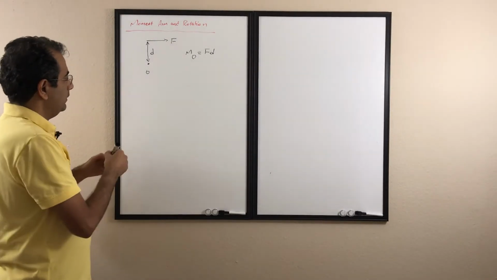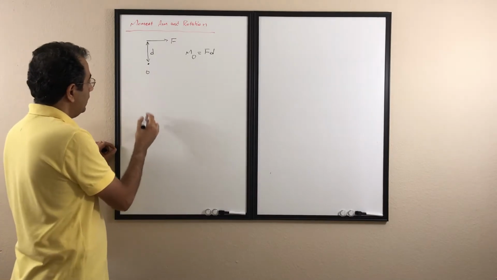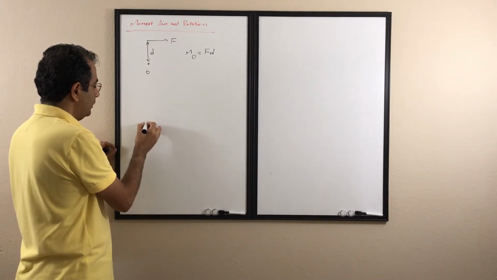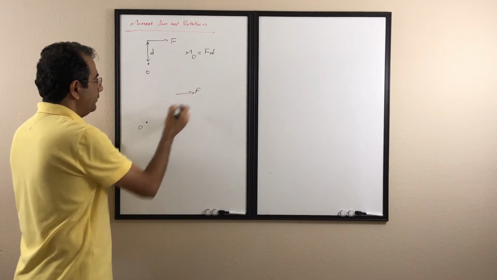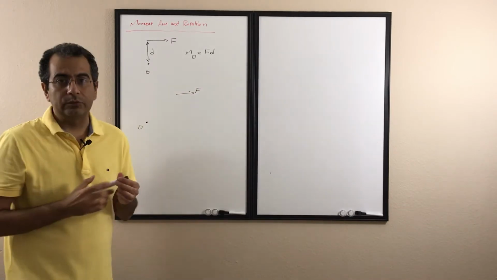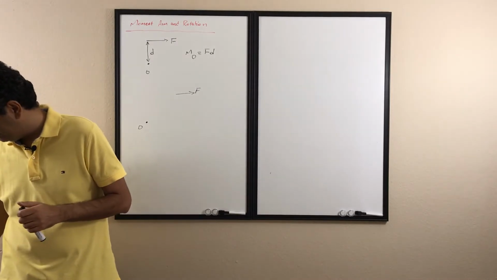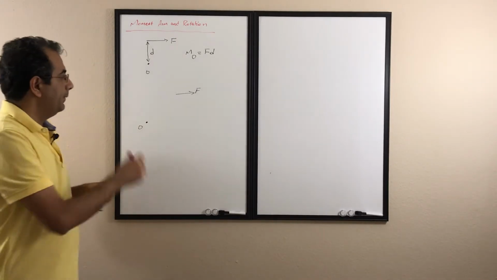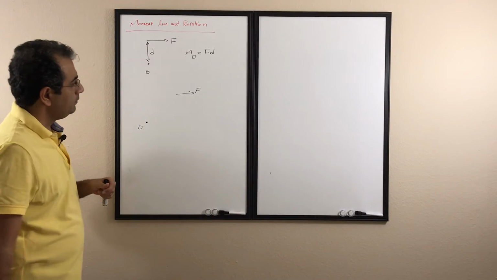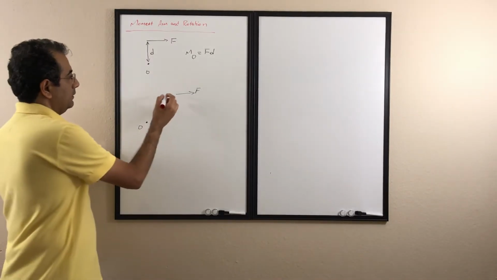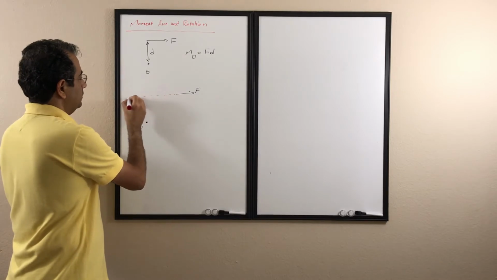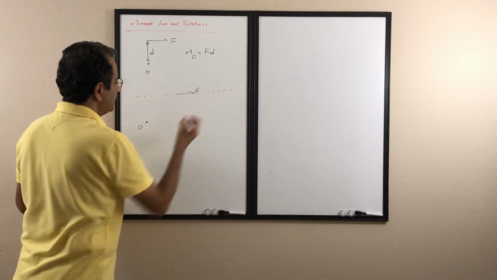First of all, anytime you have a point O and a force, the first thing you need to do when you want to find the normal distance is extend the line of action. Just draw the line of action of the force. That's the very first step.